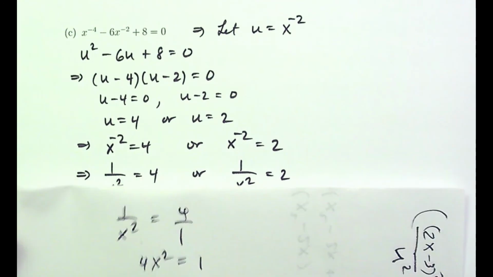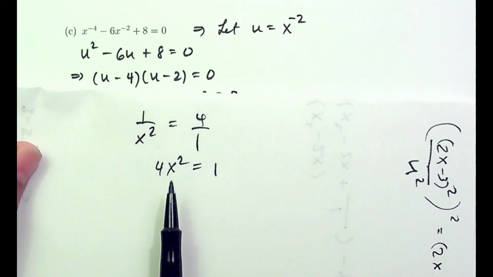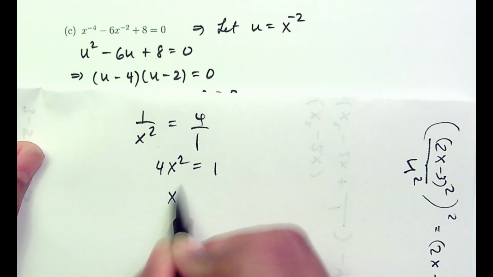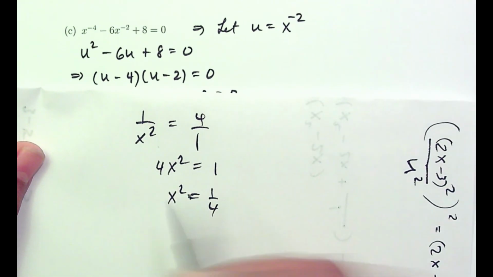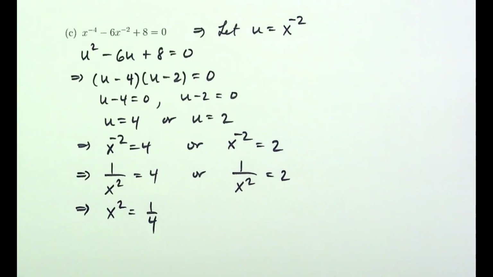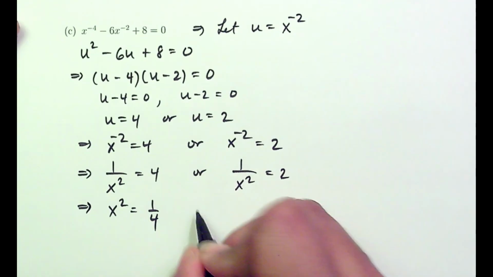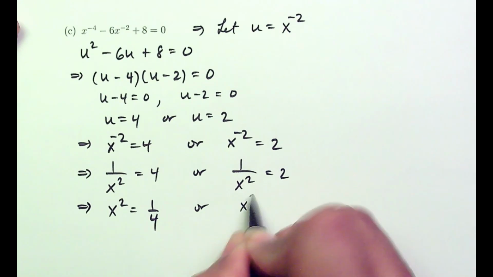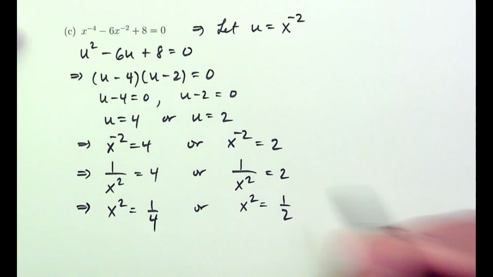The next step would have been divide by 4, and if you divide by 4, you get x squared equals a quarter. So either way gives you the same thing. Now, doing the same thing for this one, flipping both sides, you get x squared equals a half. We're almost done.